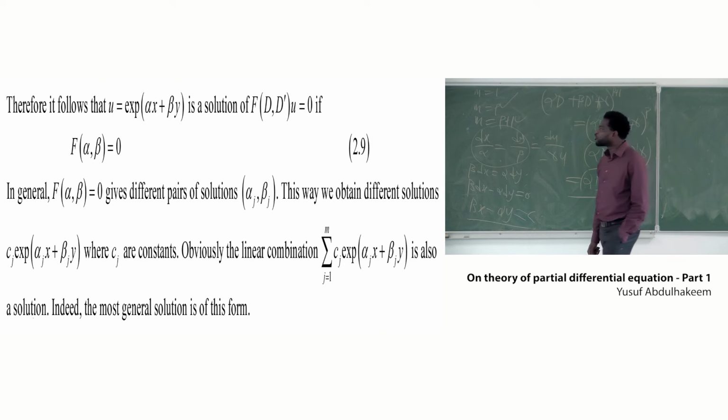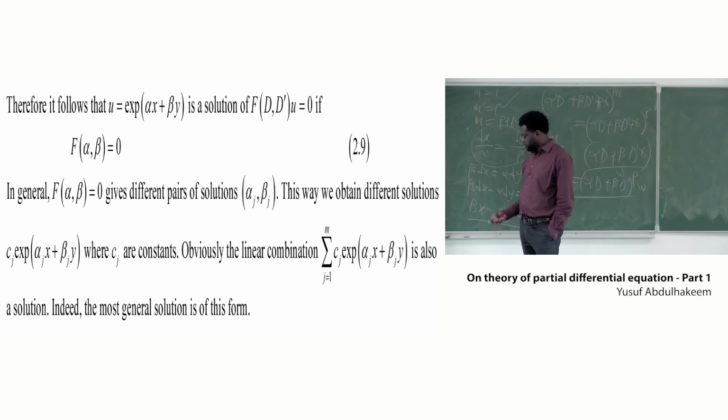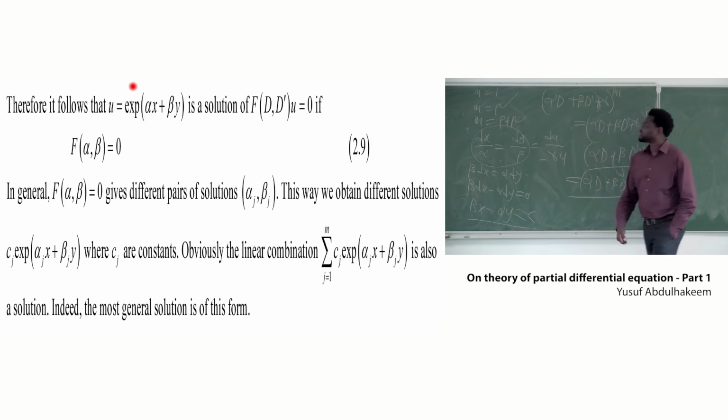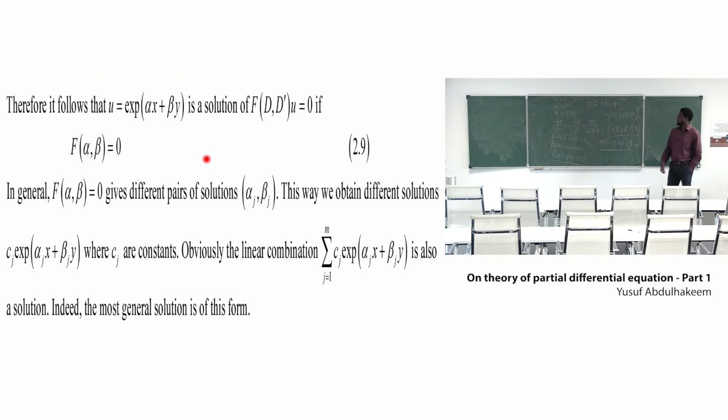So therefore it follows that u is equal to exponential alpha x plus beta y is a solution of this, which is equal to 0, if f of alpha comma beta is equal to 0. So in general, we have this to be equal to 0, gives different pairs of solution. So this way, we obtain different solutions for this, where Cj are constants. Obviously the linear combination of this is also a solution. So indeed, the most general solution is of this form.